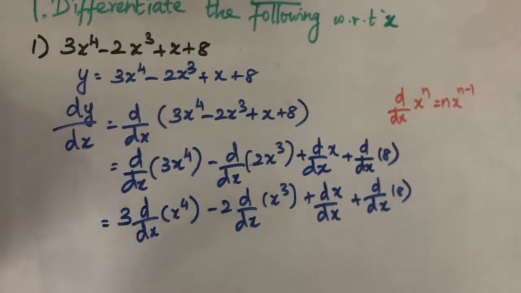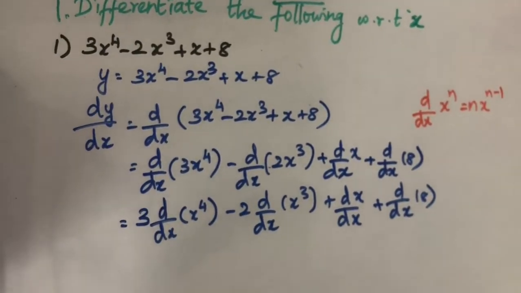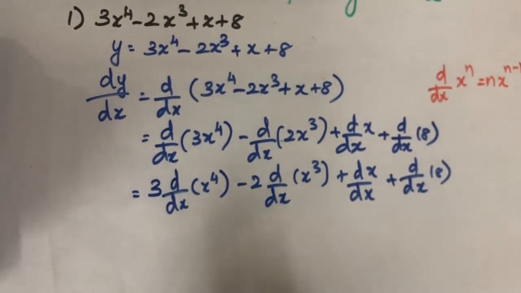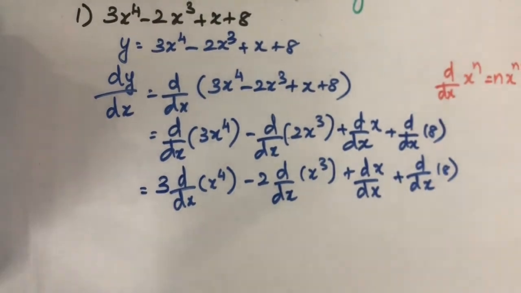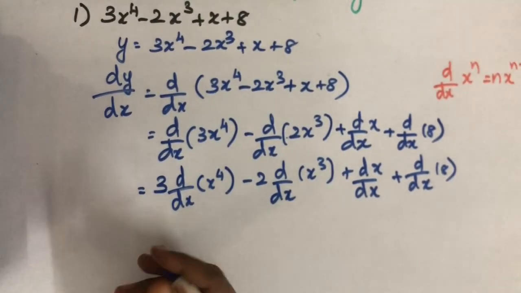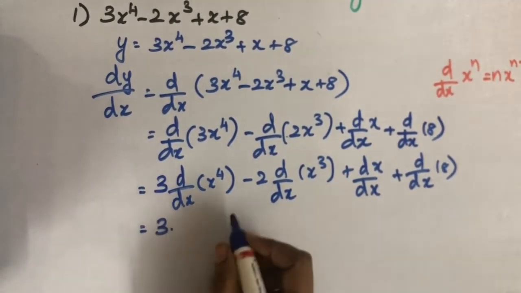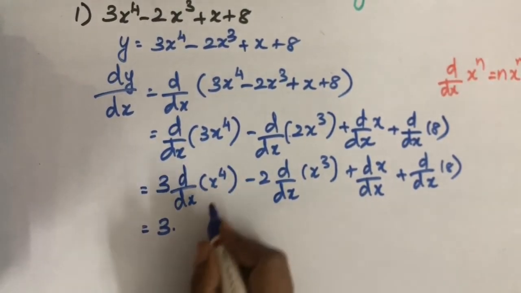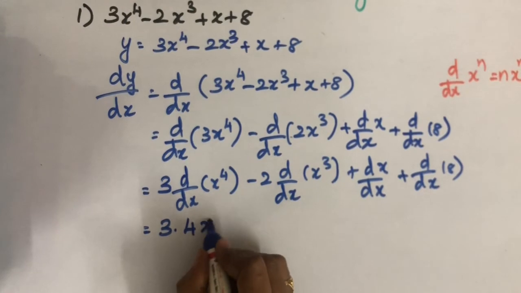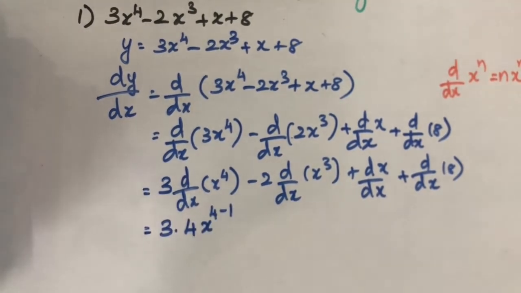d/dx of x^n is equal to n x^(n-1). So here the power, that is equal to 3 into x^4. While differentiating that x^4, I get 4 into x^(4-1).